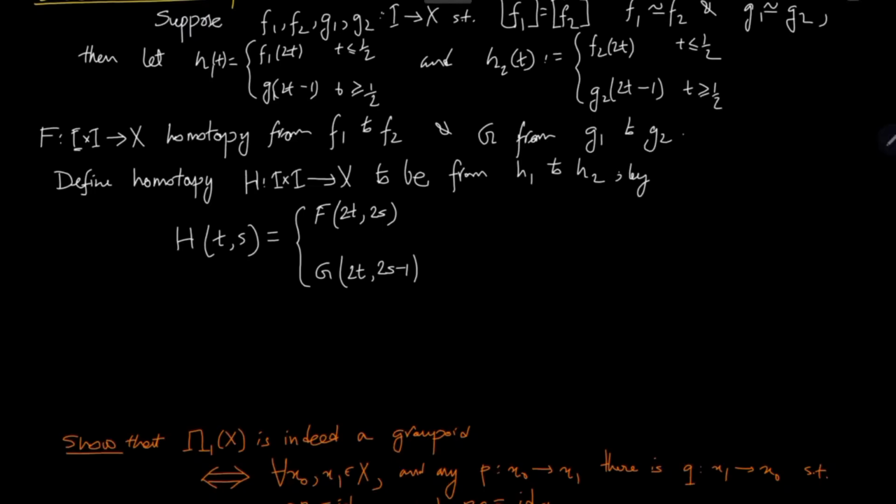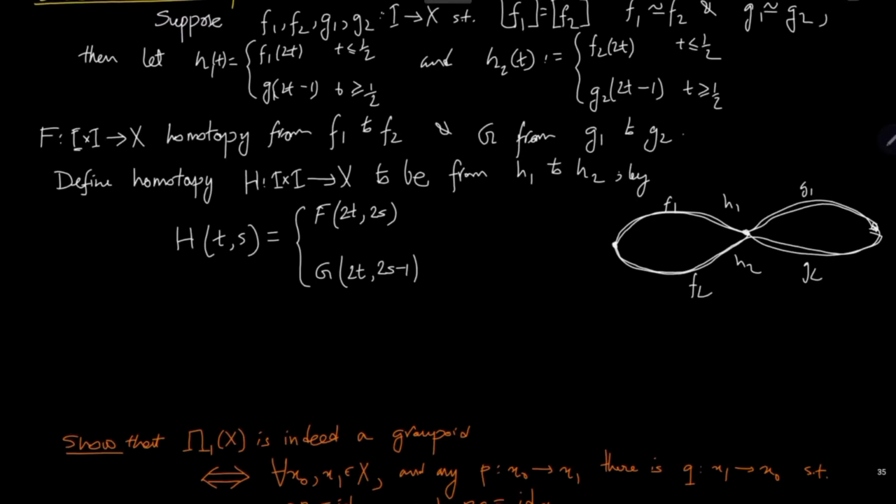I'm not really sure about that, so let's just draw this out. So this is f1, this is f2, this is g1, this is g2, and this entire thing is h1, this is h2.